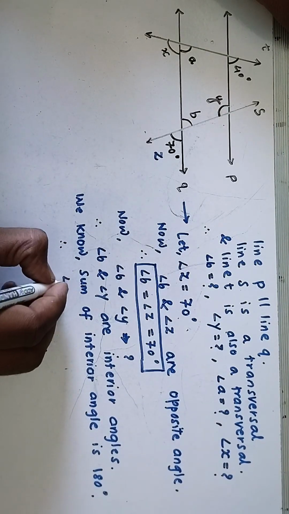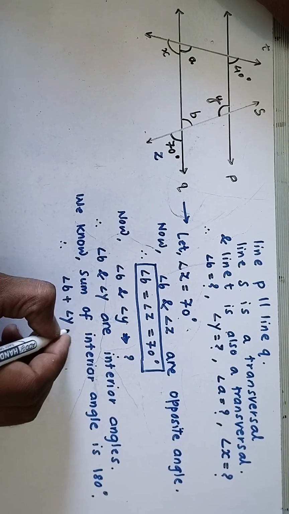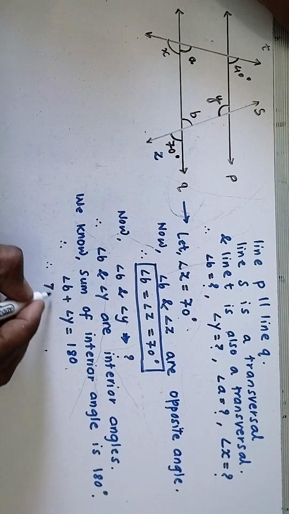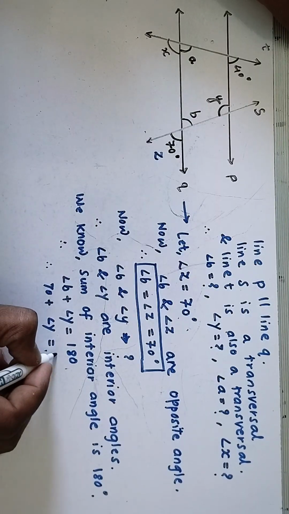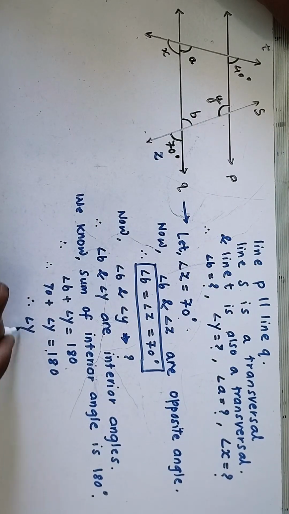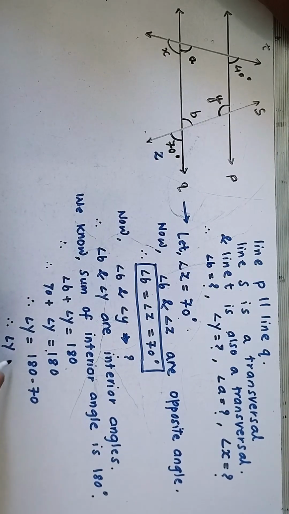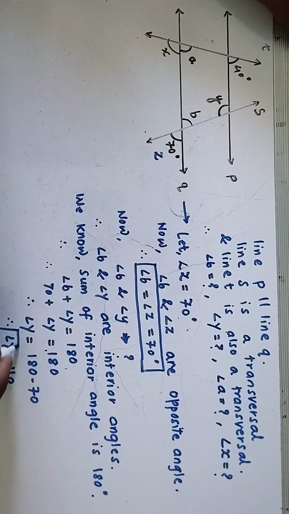Therefore angle B plus angle Y is equal to 180. Angle B 70 degree plus angle Y is equal to 180 degree. So angle Y is equal to 180 minus 70, that is angle Y is equal to 110 degree.